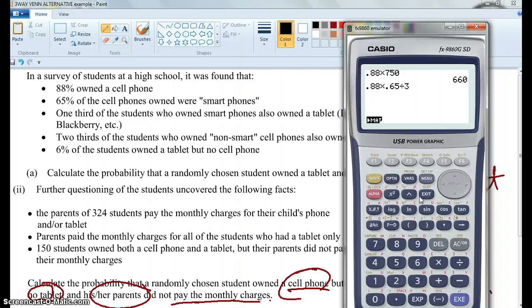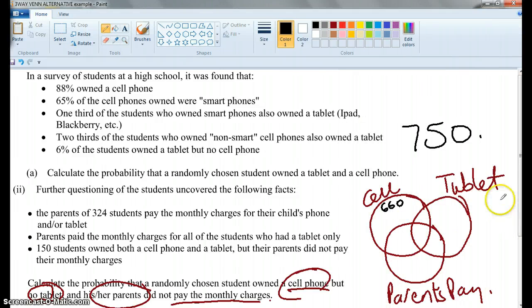That'll be the ones that have a cell phone, that have a smartphone, that have a tablet, plus the 0.88 times the 0.35 times 2 divided by 3. So that's the 2/3 that have a dumb phone and a tablet, plus the 0.06 that have a tablet and no cell. And so we need to times that by 750, and we get 342. So 342 actually have a tablet.